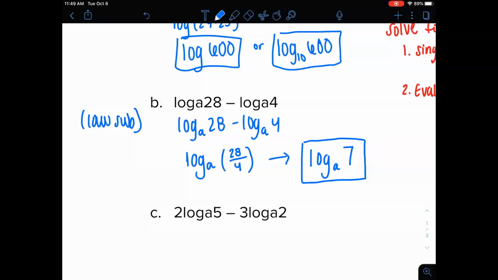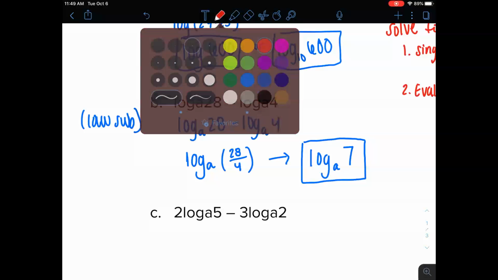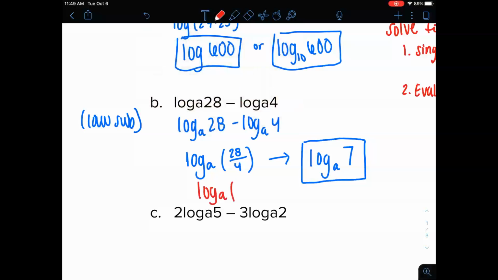Now, if I had my answer log base A of 23 over 4, 23 over 4 doesn't simplify nicely, so we would leave this as is, because if I plug that into my calculator, I get out a decimal-based value. Since that is not easily simplified, we would leave our answer. But for this one in blue, we can simplify 28 over 4, so we're going to do that.